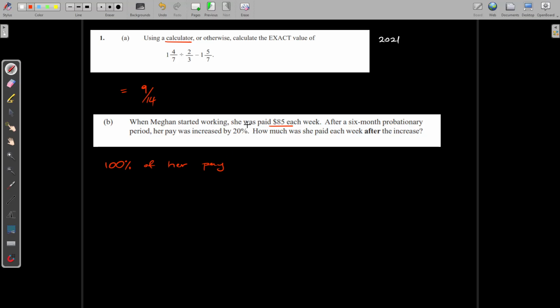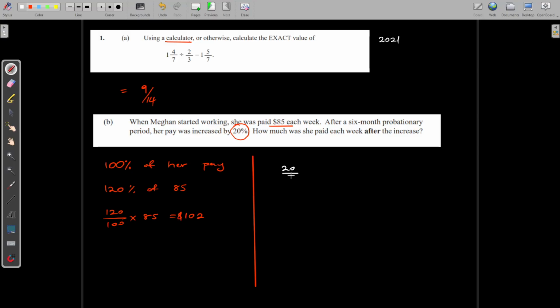Yes, sir. So if it is increased by 20%, what we can do is find 120% of her pay. So this is 120 over 100 times 85, and that gives us $102. So this is the first way. Second way is by finding 20% of that money.